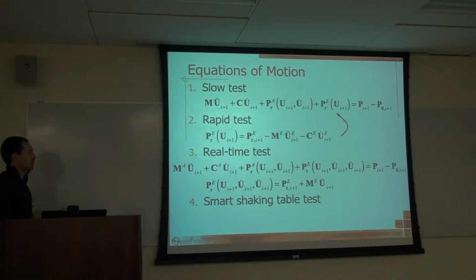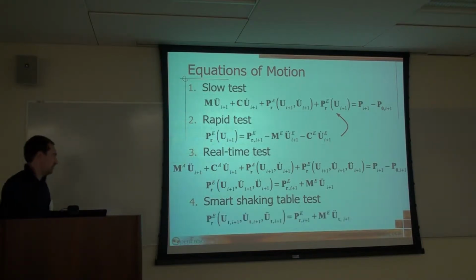Now finally, if we do this as a smart shaking table test, which is what we're looking at here, your resisting force term is quite similar to what we did for a real-time test. The one big difference is right there. Our displacements, velocities, and accelerations are not relative values anymore, but absolute values, the T, or total values.